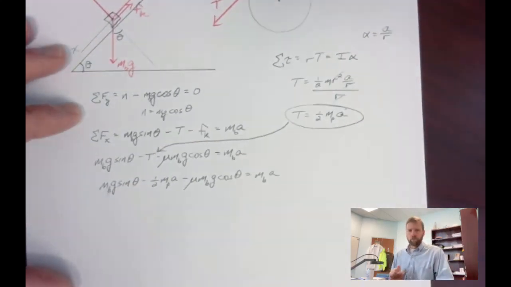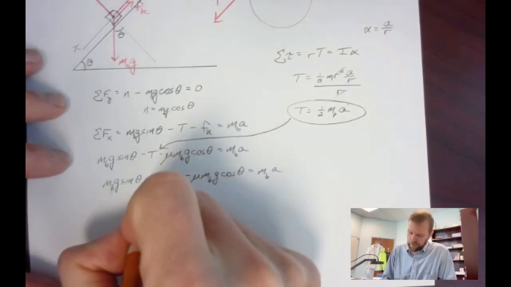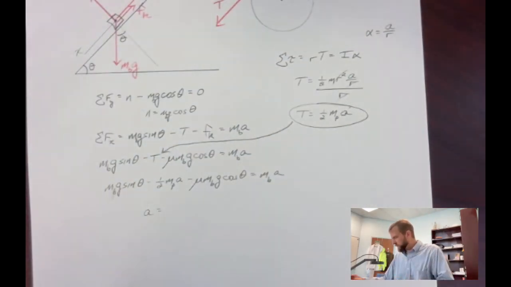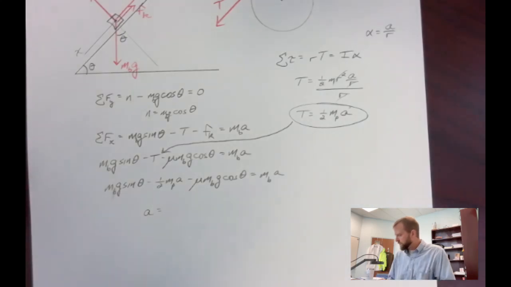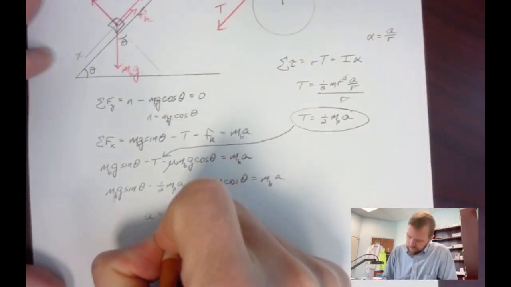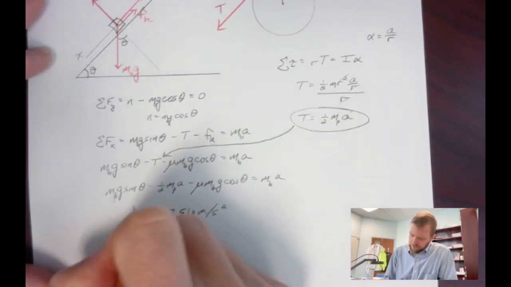So we have one equation now with one unknown, and then we just need to plug in everything and solve it. And when I solved this, I got an acceleration of 3.56 meters per second squared.